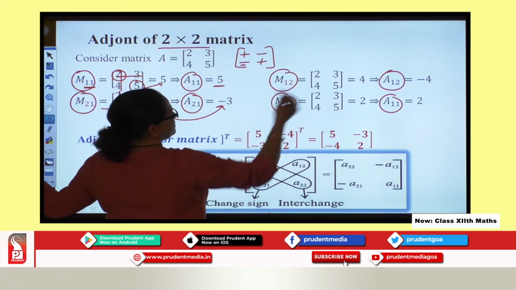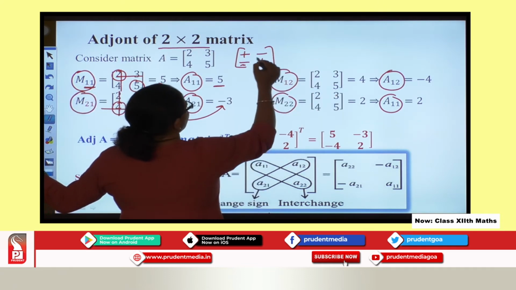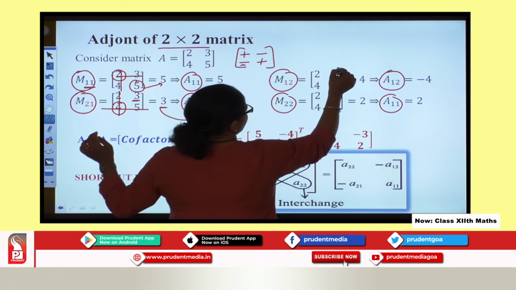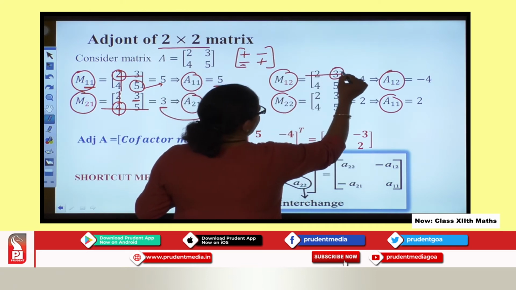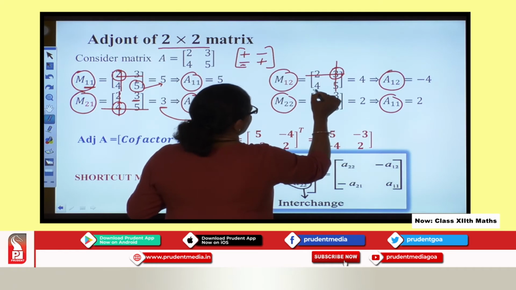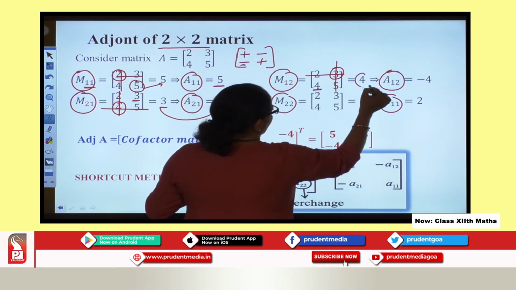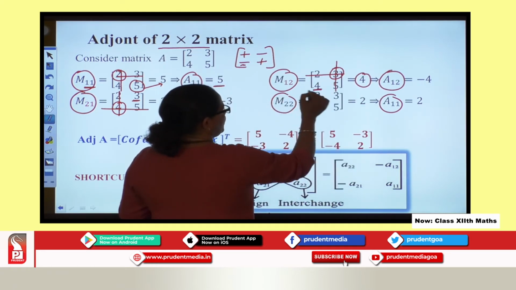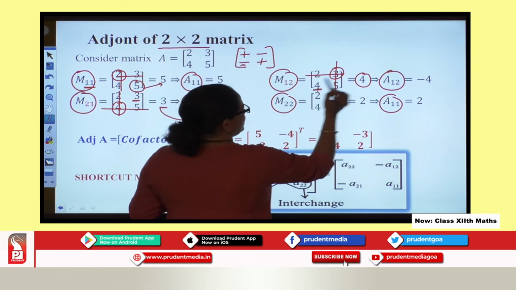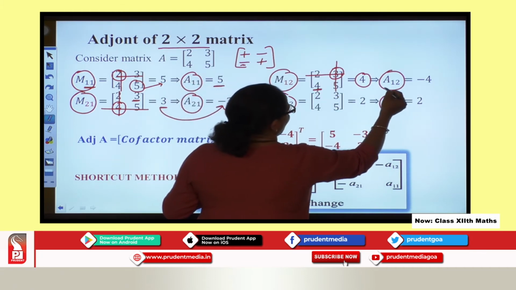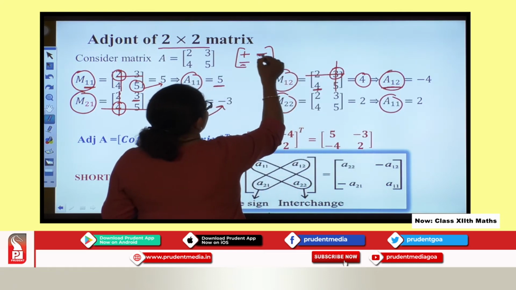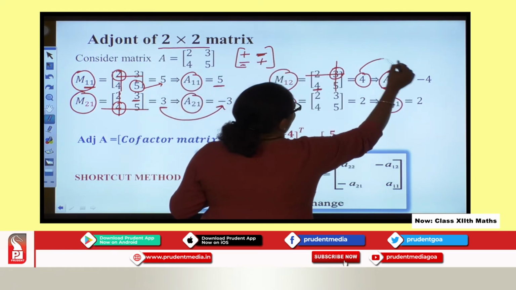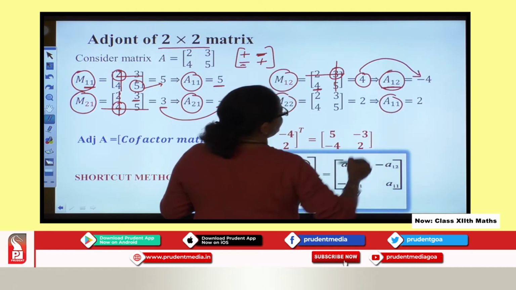Okay, let me go to the second column. I am talking about this minor. So I delete this, this value is left. So 4 is the minor of this place, right? Now I want to find the cofactor. You can see the negative sign given here. So the 4 will change to minus 4.